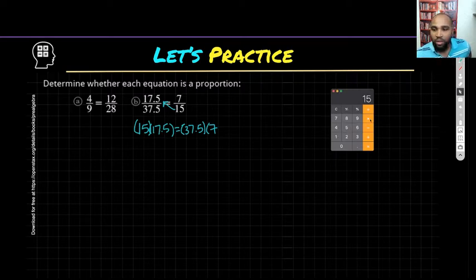Let's check 15 times 17.5, which is 262.5. Let's see if that's indeed equal to this other part here. We have 37.5 times 7, and we get the exact same thing, 262.5. So we know that this is a proportion.